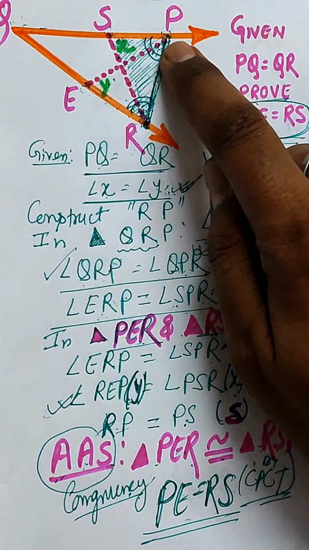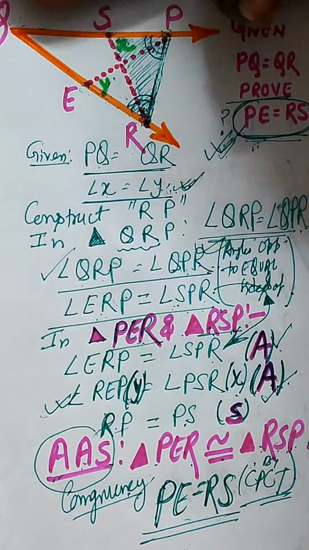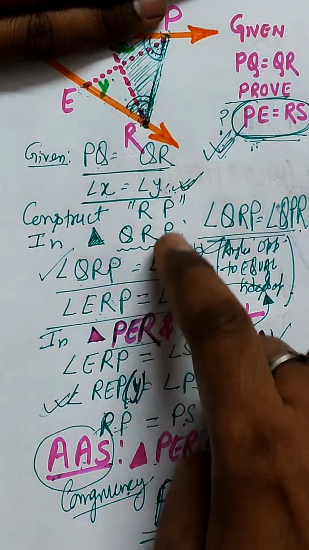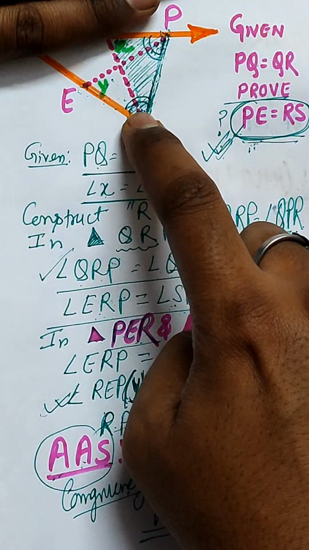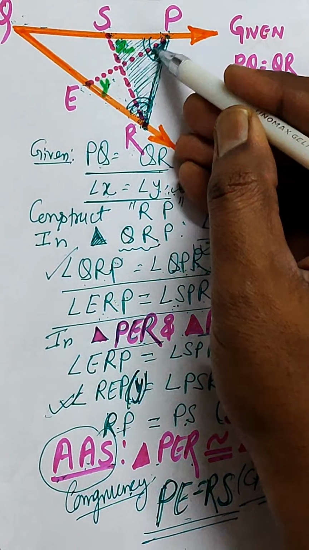When you consider this triangle, you can see angle P is equal to angle R, this one. So angle P is this one. This is angle P.